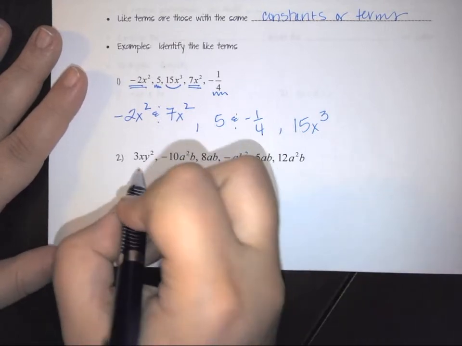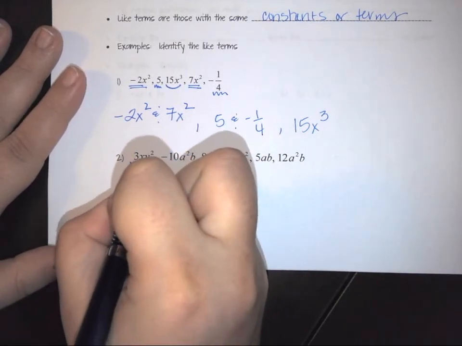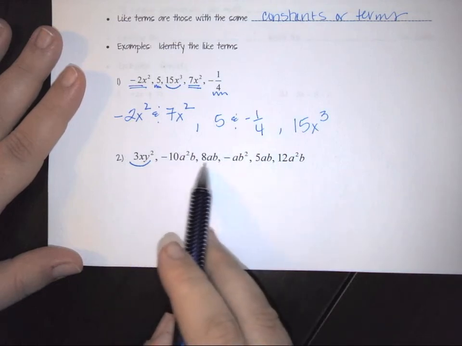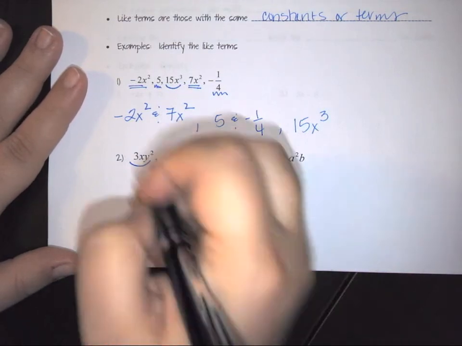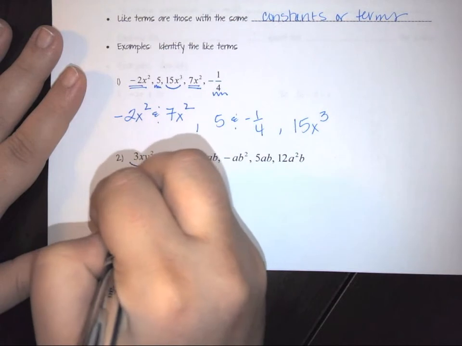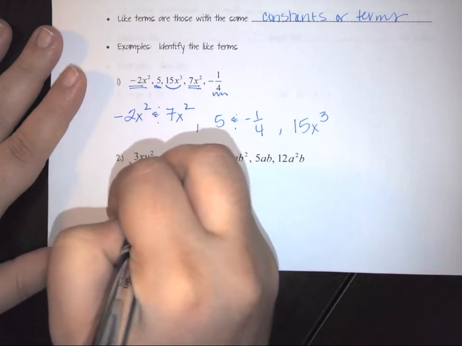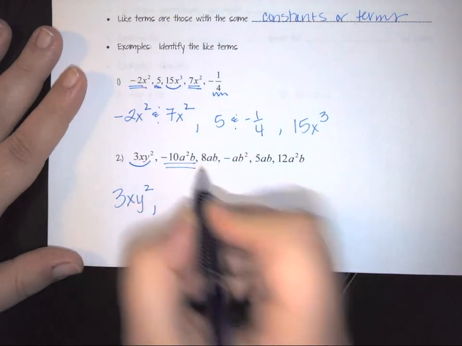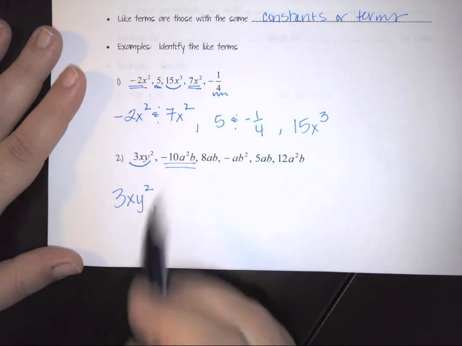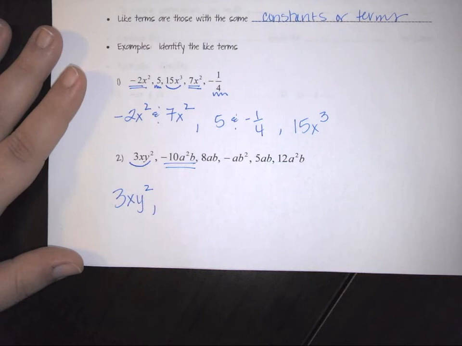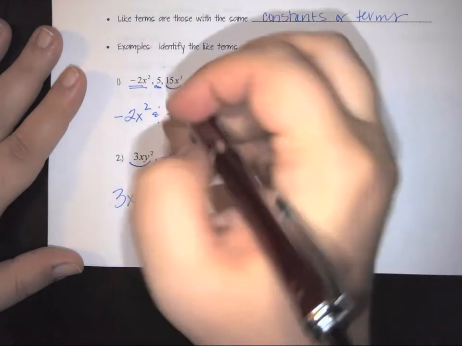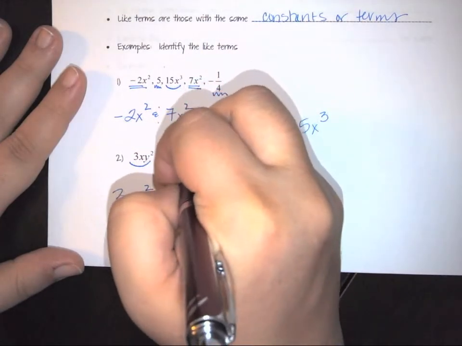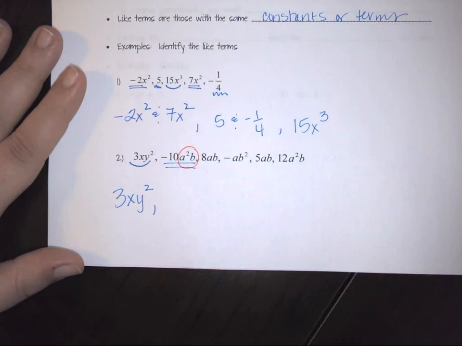Okay, so again, for example, I have this 3xy squared. If I look down the rest, none of them are that. So my first term is 3xy squared. Now I have this negative 10a squared b. So what I am looking for again is another a squared b part.